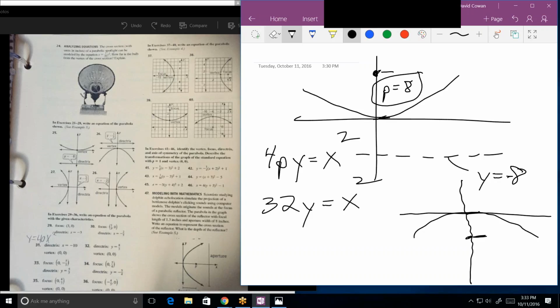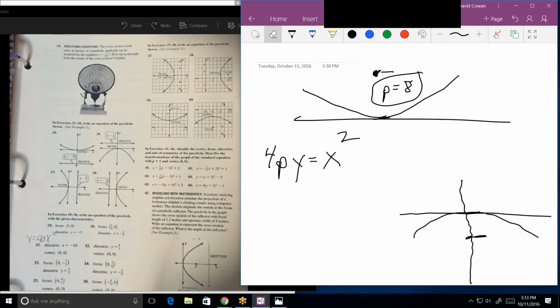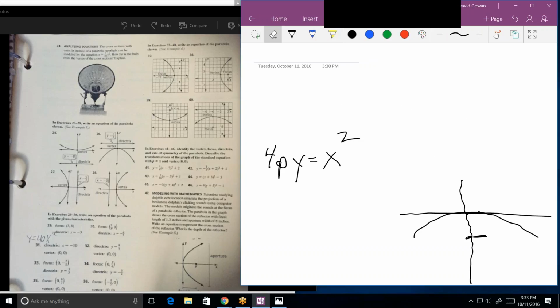Well, how do we do that? We can do this one real quick. What's p first of all? Well, what's the directrix first of all? I'm going to erase that first one just to get it out of there so I have room to write. It's still the general equation we're going to use.